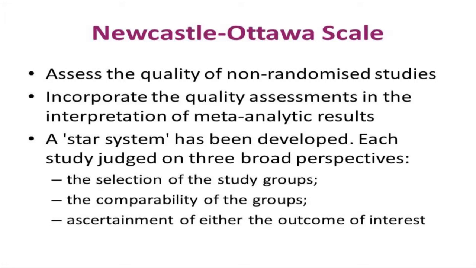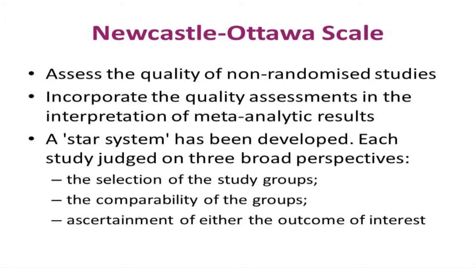And why the Newcastle-Ottawa Scale? It's an instrument that is widely used, I would say, in most meta-analyses of observational studies today to assess the quality and to incorporate those quality assessments when you interpret the meta-analytic results. And that may seem abstract to you, but I'll explain it to you later.